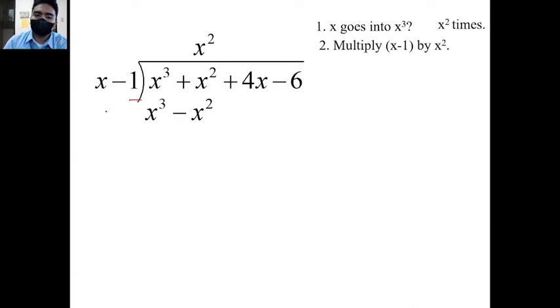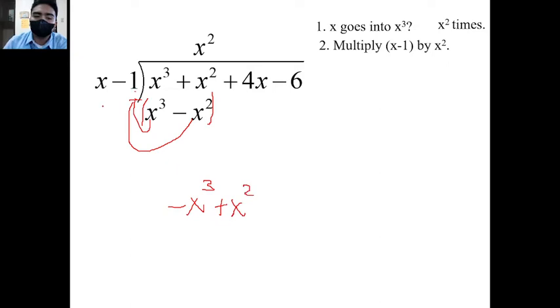But in this case, because they are polynomials, the operation of subtraction will be distributed to each term. So your positive x cubed will become negative x cubed, and your negative x squared will become positive x squared.